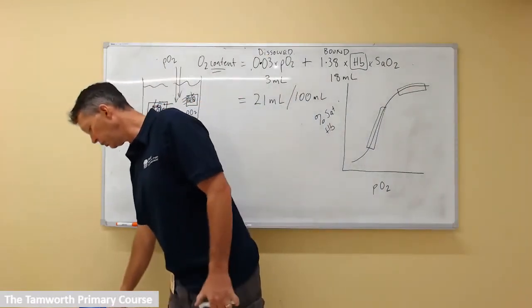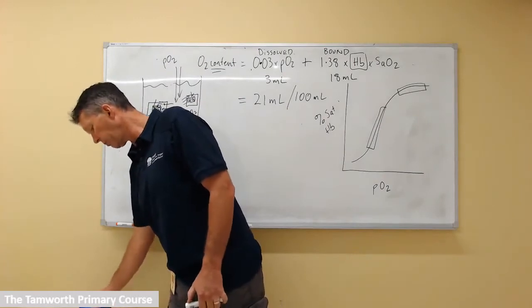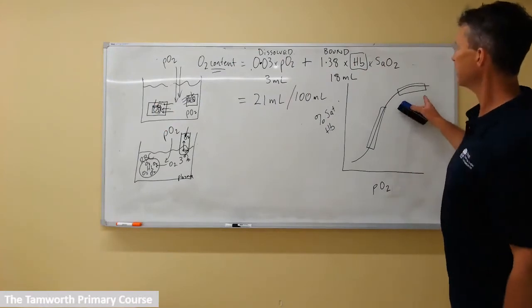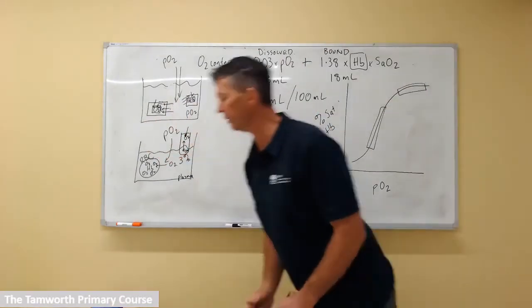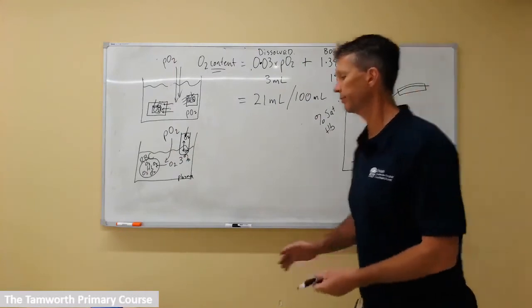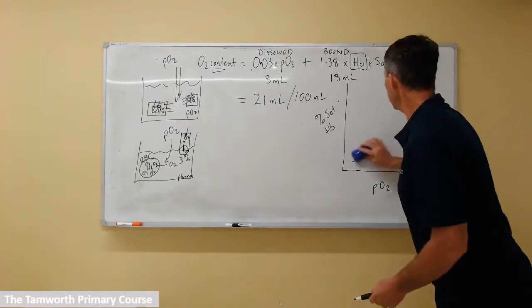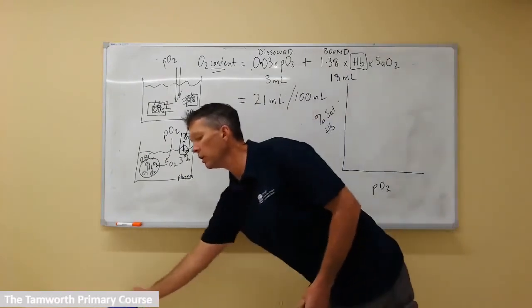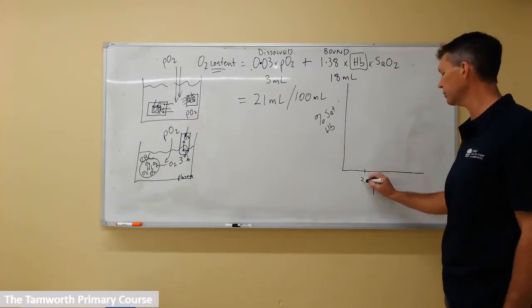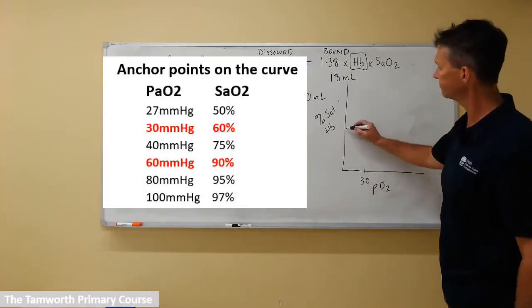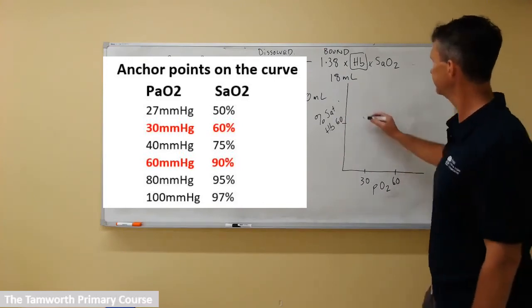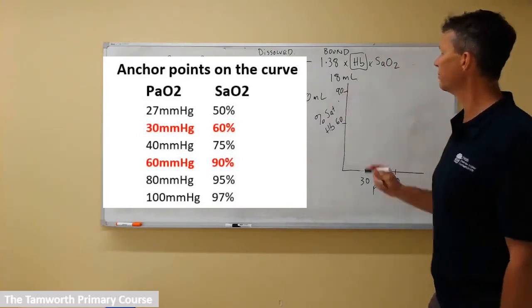What we now want to do is talk about constructing this curve. This particular curve has several important features. Again, when we draw a curve anywhere in these vivas, we talk about axes, we talk about labels, and there's a few important labels. 30, 60, 60, 90 are the numbers to remember.